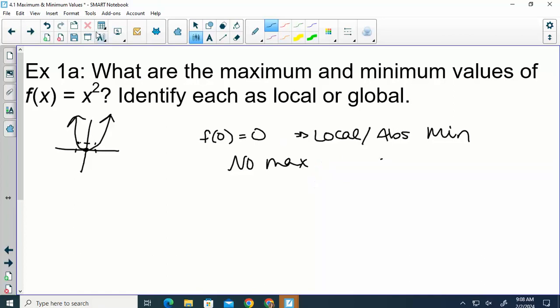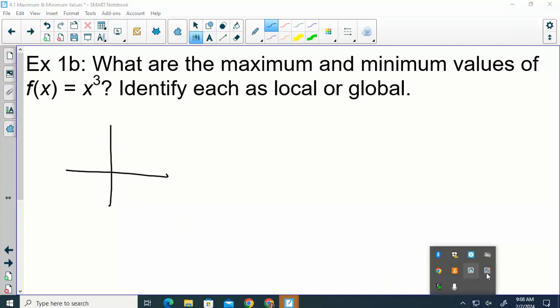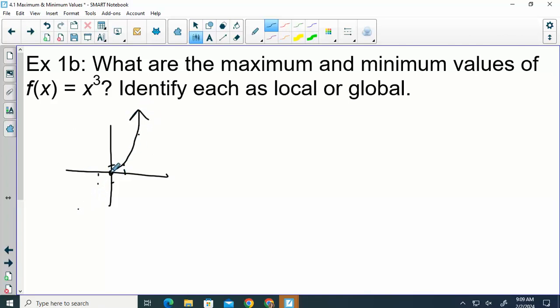Alright, you guys take a second. Think about x cubed. So think about what that graph looks like and its maxes and mins. If you don't know, 0 cubed is 0, 1 cubed is 1, 2 cubed is 8, negative 1 cubed is negative 1, negative 2 cubed is negative 8. If you don't remember what the graph looks like, you can always plug in points.